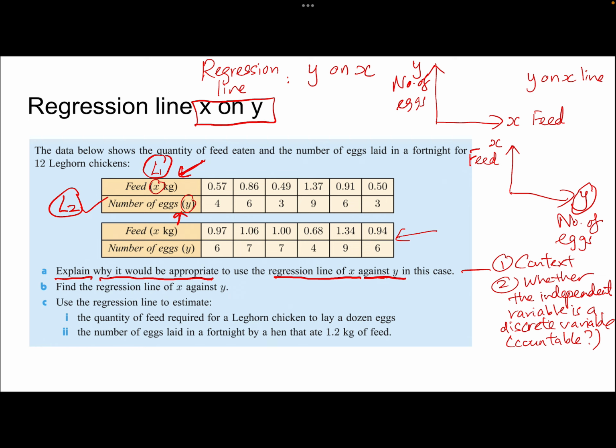Okay, so without further ado, what I'll do quickly now is put these numbers onto the calculator. So I'll repeat what I just said again. This was initially L1, this was initially L2, but what I'm going to do now is swap the values. This will now be L2, and this will become L1. Okay, so let's do a quick swap, and I'll put the number of x now onto L1.